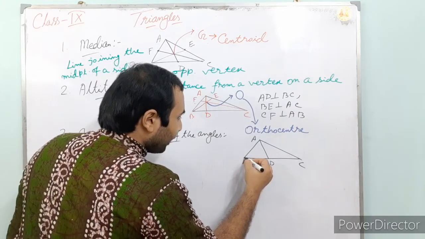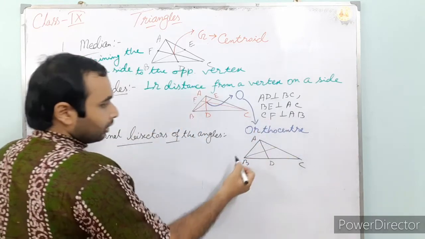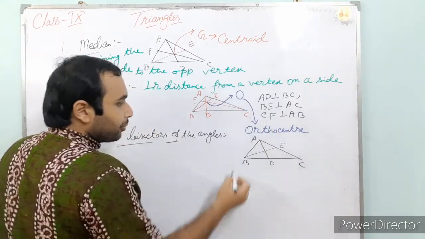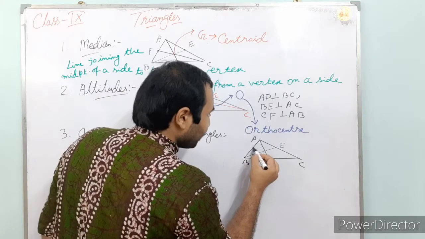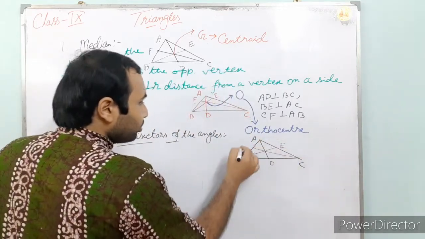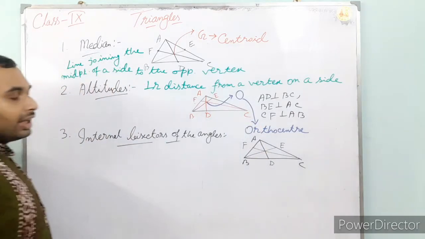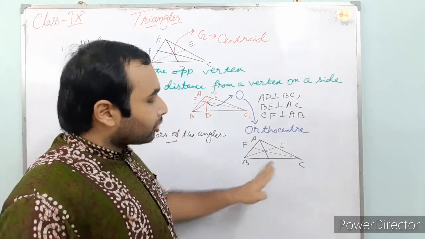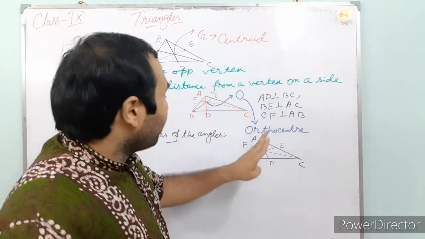Bisector of the angle ABC is BE, and bisector of the angle ACB is CF. Here actually those are looking like medians, but those are the bisectors actually.